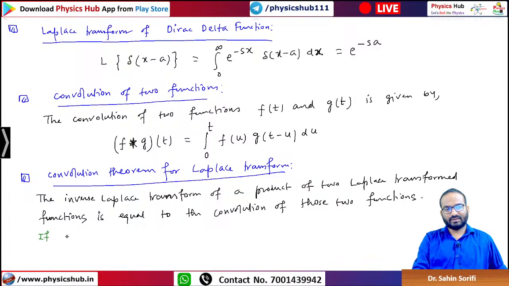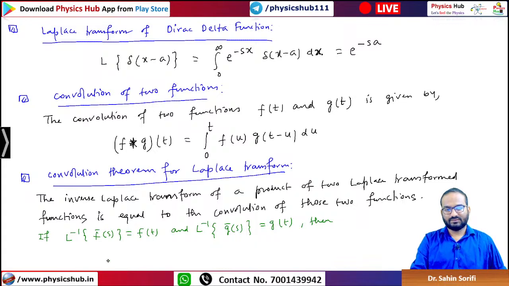So, if the Laplace inverse of, let us say, f bar s is equal to f of t, and the Laplace inverse of g bar s is g of t, then the inverse Laplace transform of a product of two Laplace transform functions, that is f bar s times g bar s, is equal to the convolution of those two functions.